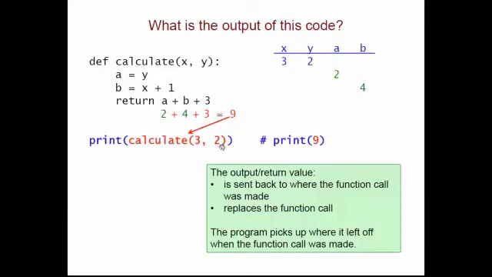And the function call is replaced by that return value. So it's as if we had written print 9, because calculate 3, 2 is replaced by 9. And then the program picks up where it left off. In this case, it has to finish the print statement, and so it's going to go ahead and print that final value, which is 9.